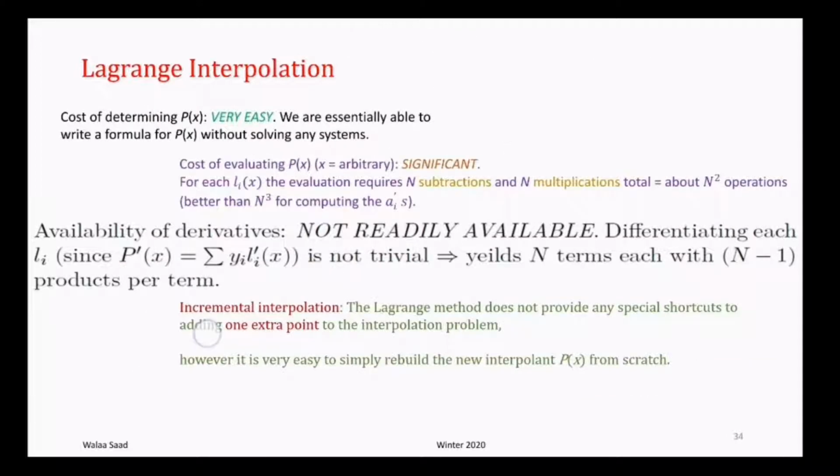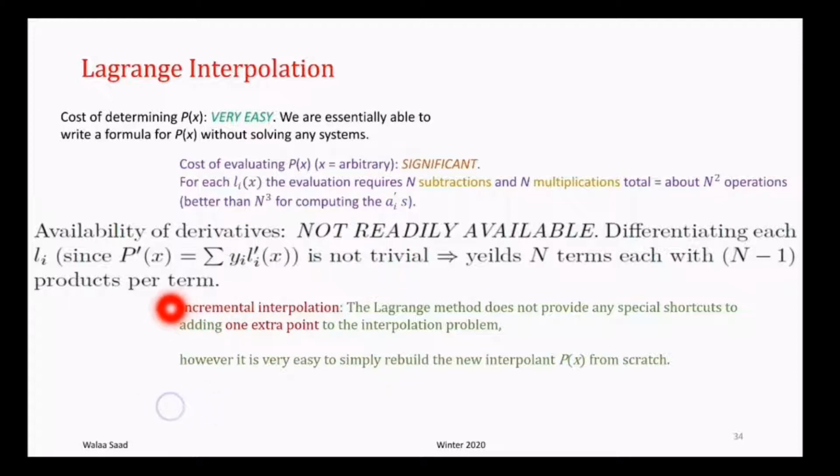So this interpolation technique won't suffer from the n cubed order of operations, but instead n squared, so we have n subtractions and n multiplications like you've seen, which give n squared operations rather than the n cubed of the Vandermonde, the previous method. So it's very easy and of less cost, but we are still facing the incremental interpolation.